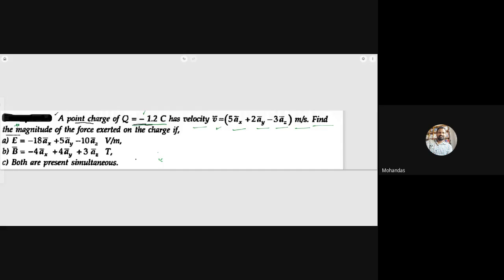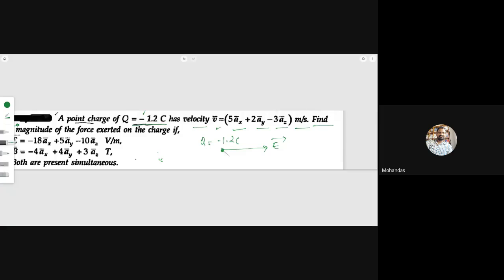Let me explain this problem. There is a charge of 1.2 coulombs, and there is an electric field E here, and the charge is moving in the presence of the electric field. Then, according to Coulomb's law, there is a force exerted on this charge.